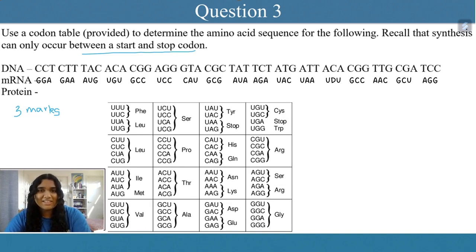GTA becomes CAU, CGC becomes GCG, TAT, AUA, TCT, AGA, ATG is UAC, ATT is UAA, ACA is UGU, CGG is GCC, TTG is AAC, CGA is GCU, and TCC is AGG.